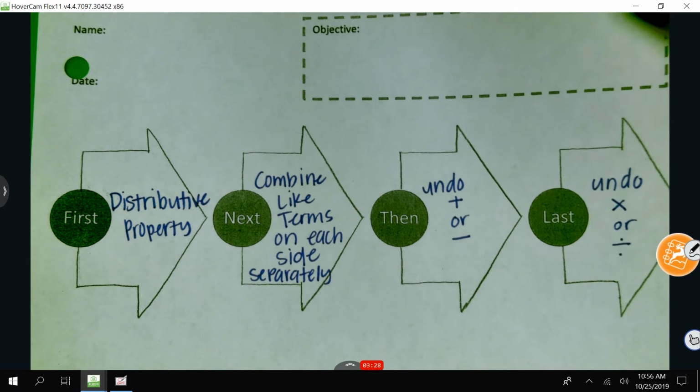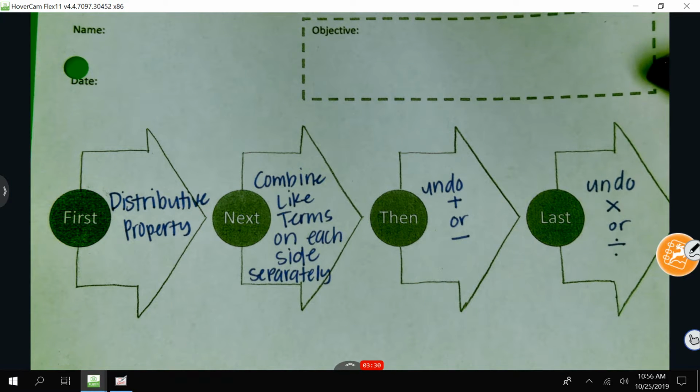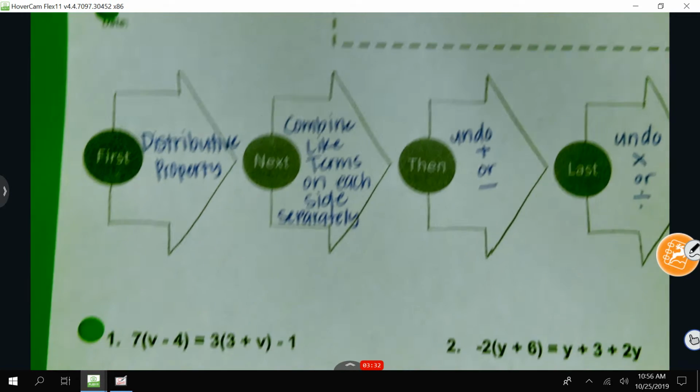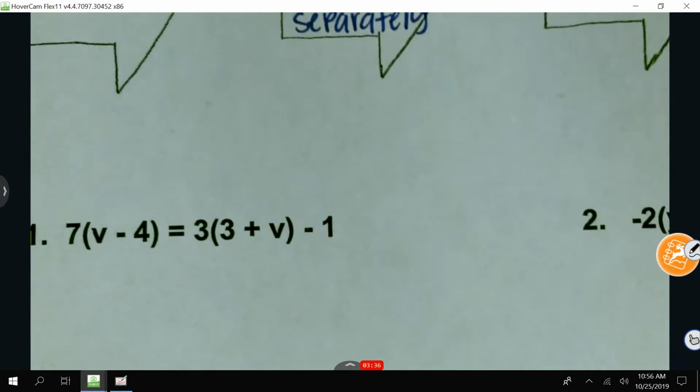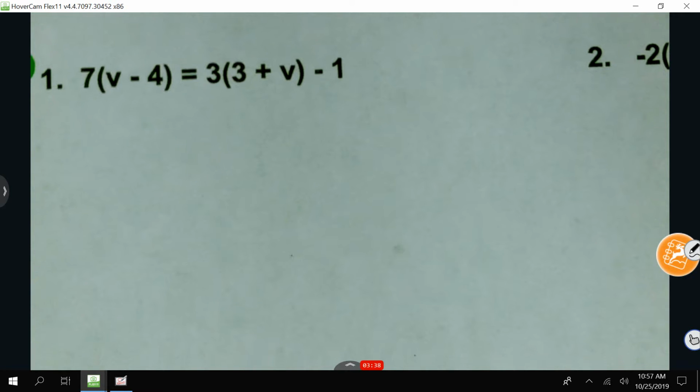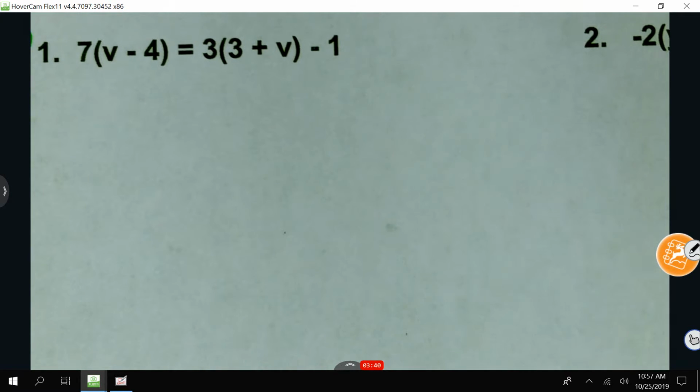All right, so let's look at an example. We got that copied down? All right, so number 1. It says 7 times (v minus 4) equals 3 times (3 plus v), all minus 1. So looking at that, what's my first step? Distribute.